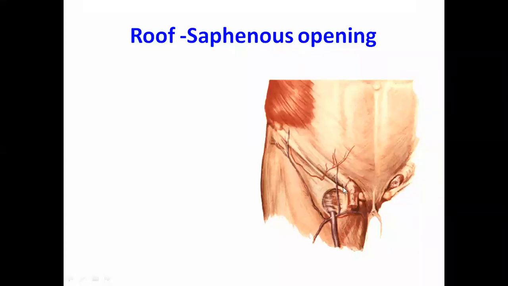The saphenous opening can be seen here, which is filled with the cribriform fascia. Great saphenous vein is penetrating the cribriform fascia, the saphenous opening, and draining into femoral vein.